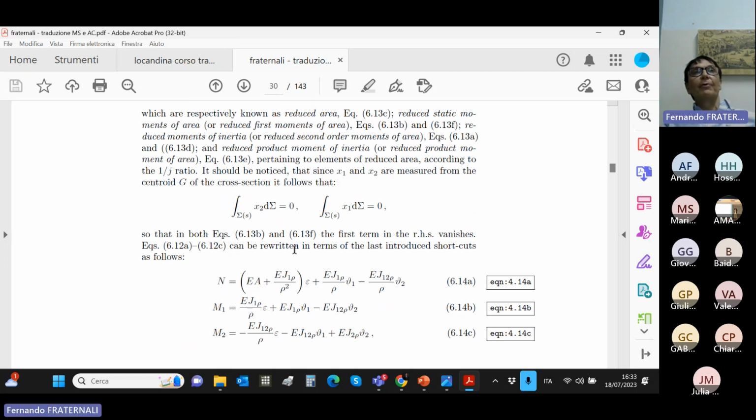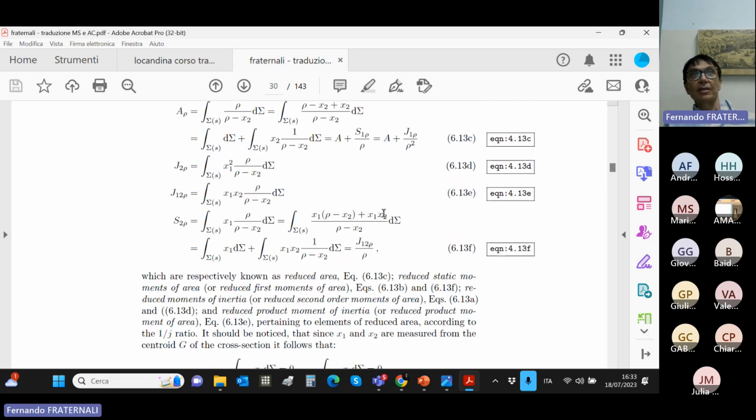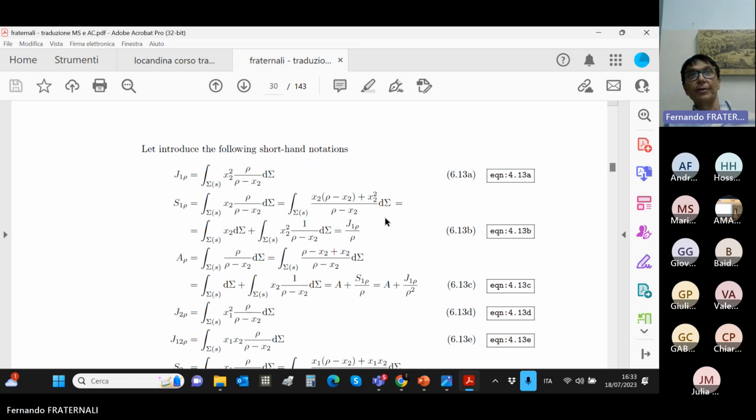So in the end, we end up with this constitutive equation, which is rather cumbersome, and is equal to EA epsilon, which is the classical term, plus one term that is related to the reduced moment of inertia. Then we have a coupled term with theta1 and theta2 in the constitutive equation. And this J1 rho and J12 rho are the quantities defined above. Now, what if rho is large?